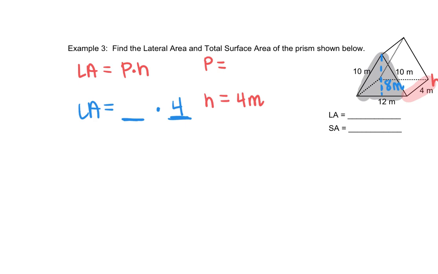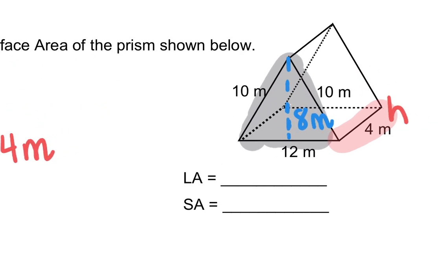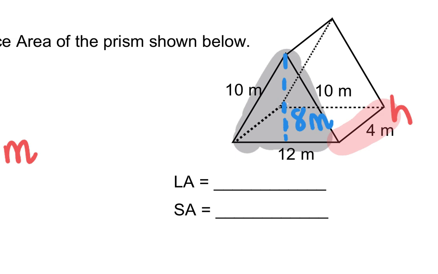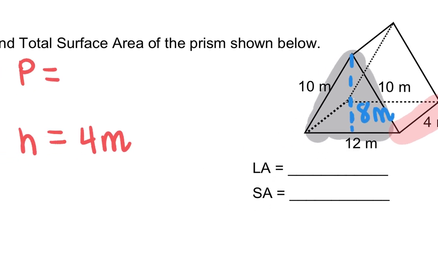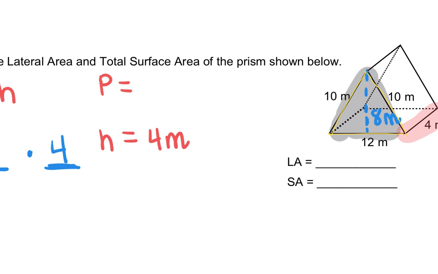Okay, so my triangle has one of the sides as 10, the other one as 10, and the bottom as 12. I'm going to add all of those sides together. So let me show you in yellow. 10 plus 12 plus 10 again. Okay, so in yellow, I'm highlighting the perimeter of this triangle. So 10 plus 10 plus 12.